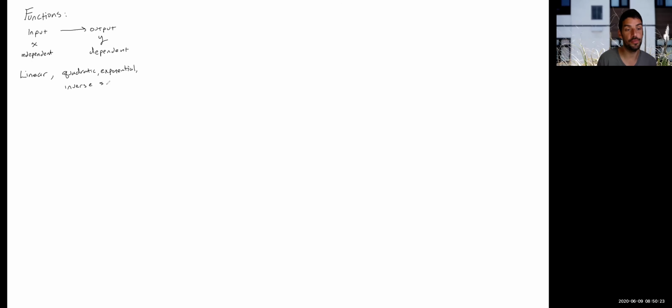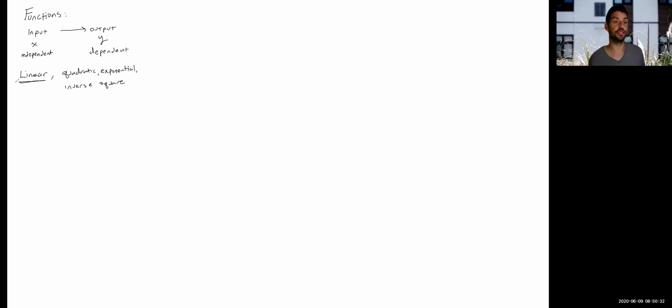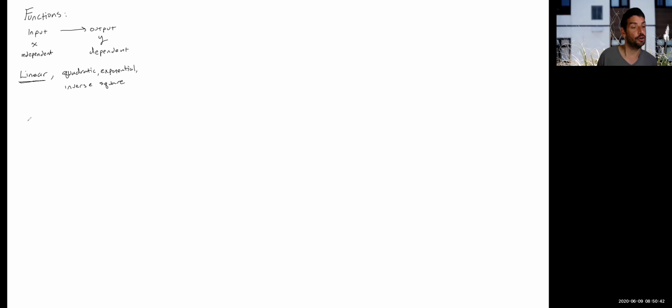You may or may not have heard some of these. It's fine either way. The one we're going to talk about, linear, is probably the most straightforward, but there are other relationships out there. I don't want to imply that this is the only way in which variables can be related to each other.